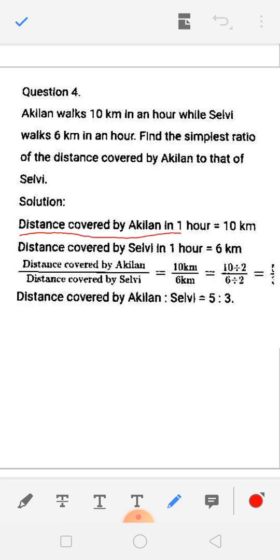Distance covered by Agilan in 1 hour equals 10 km. Distance covered by Selvi in 1 hour equals 6 km.